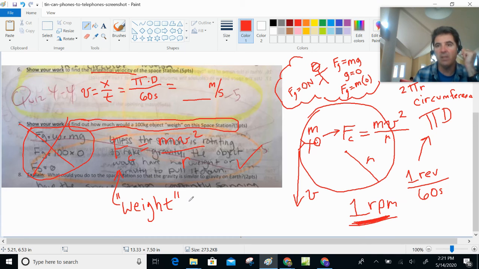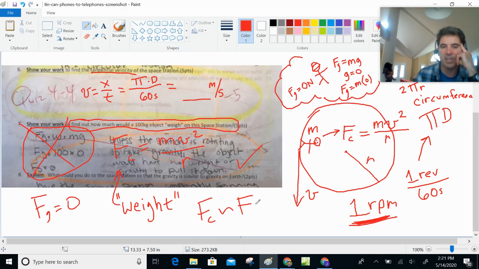It will be the weight that you feel because of your inertia being caused to spin in a circle. So yes, the Fg equals 0, but the Fc is going to fake you into thinking that you have an Fg. Give that a try, and that's the whole thing.